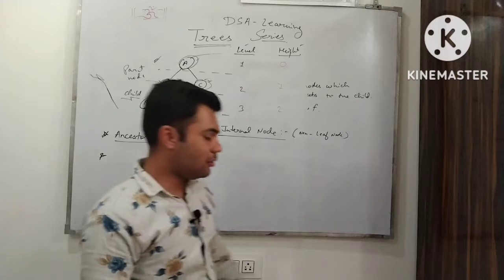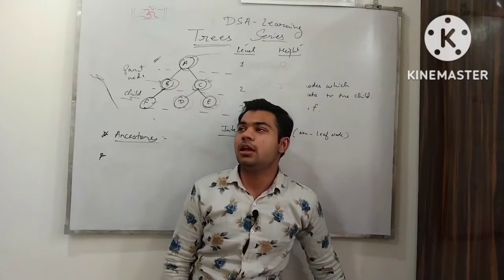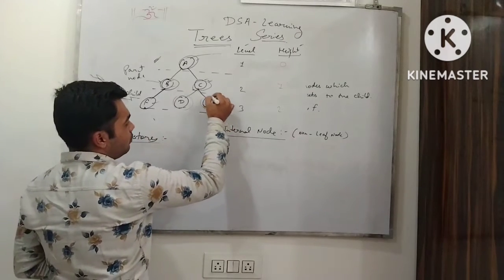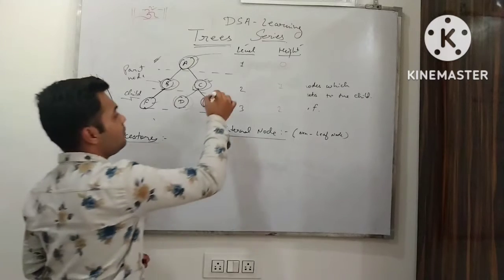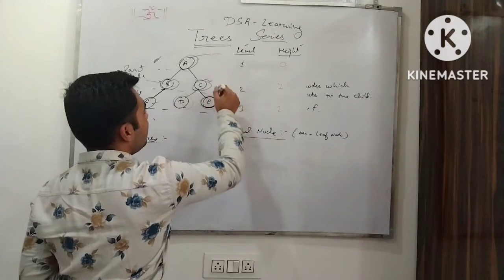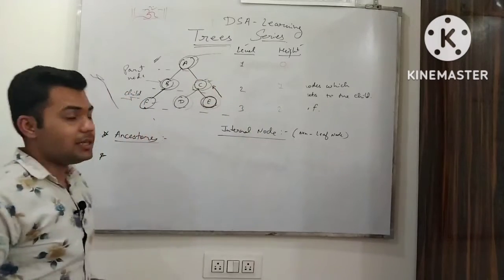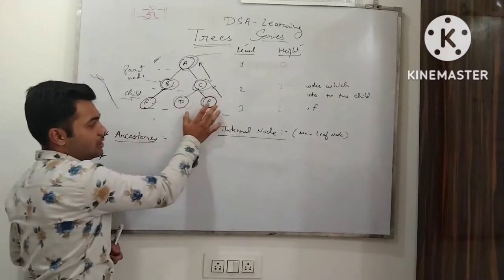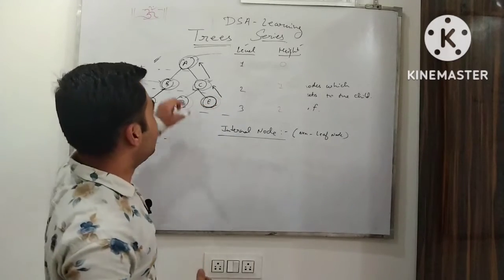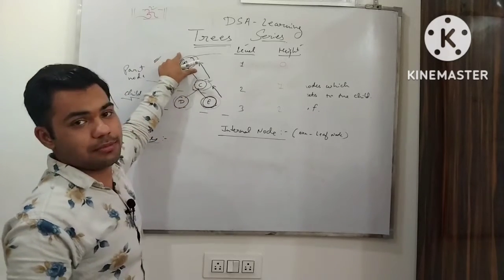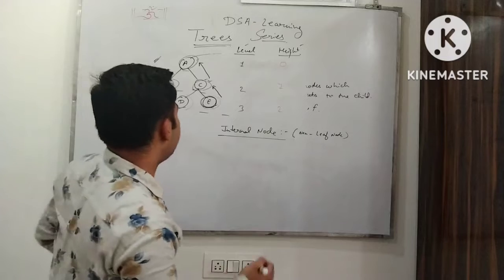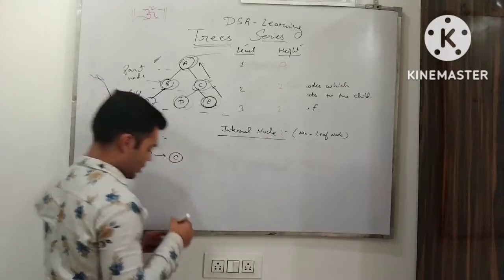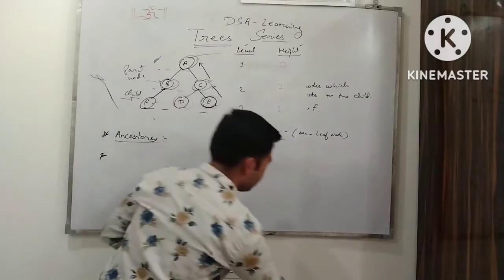If I would like to explain the concept of ancestor, I can say that if I start moving from E and keep moving in the upward direction, E has the parent C, C has the parent A. Just like our family, if D and E are us, C is our parent and C's parent, that means our grandparent, is A. So ancestors are E, C, A. I will draw in the upward direction only.